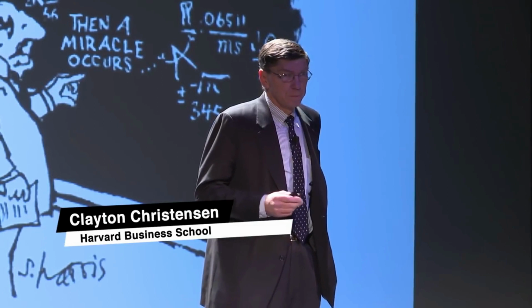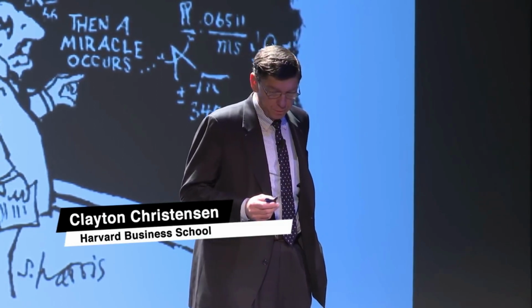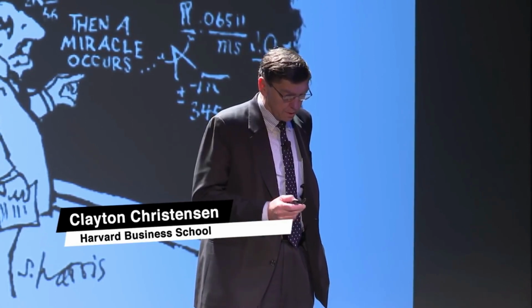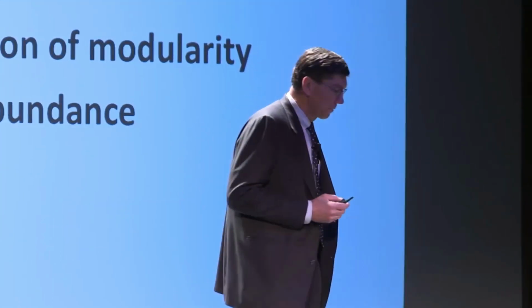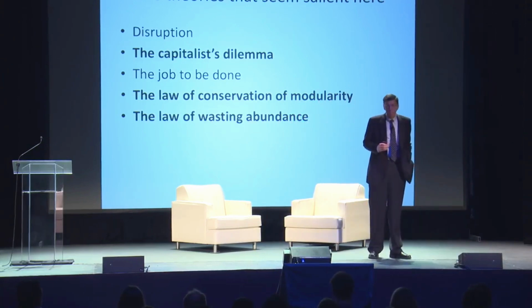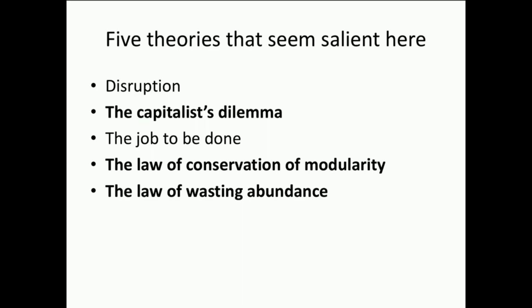I want to leave as much time as we can for a conversation with Mark Andreessen. But I'd like to talk to you about three theories from my research that I thought would be useful for the ongoing discussion with Mark. Disruption you know about, so I don't think I'll spend much time on that.